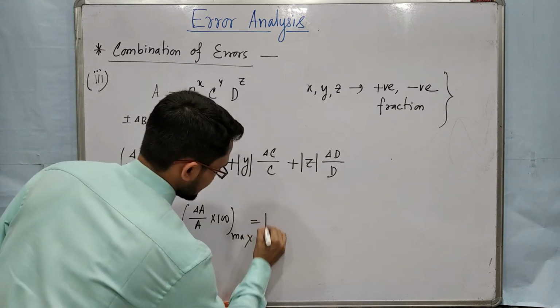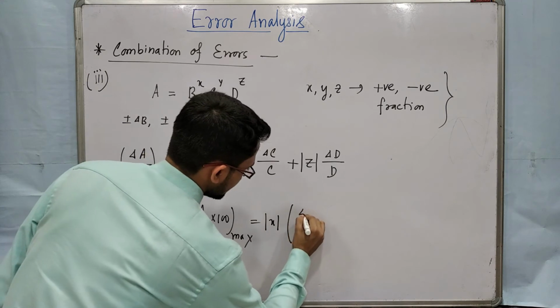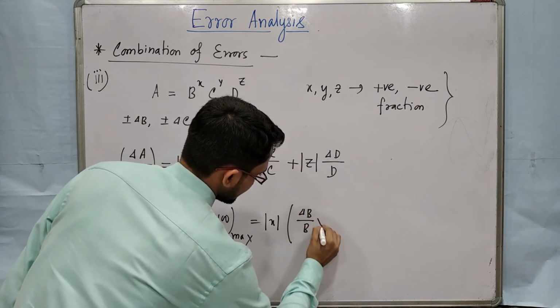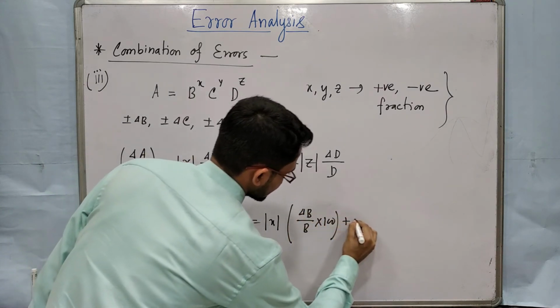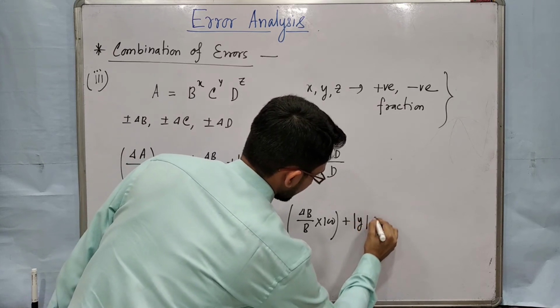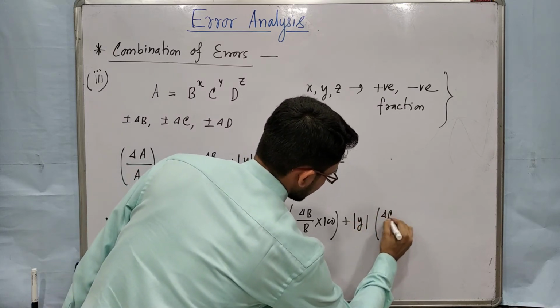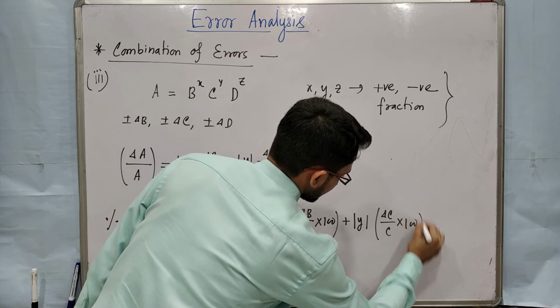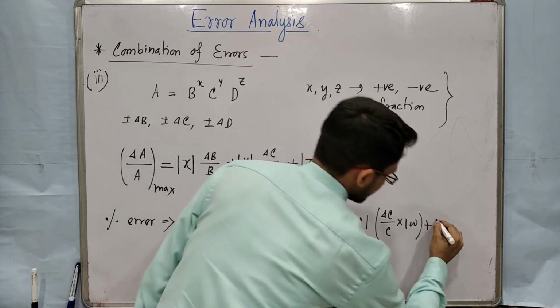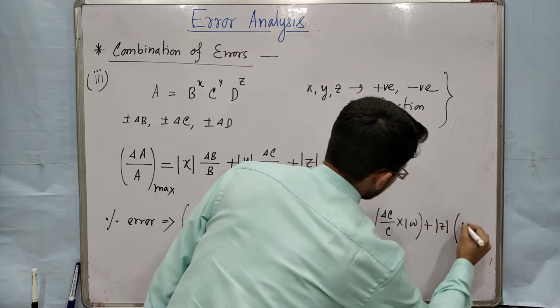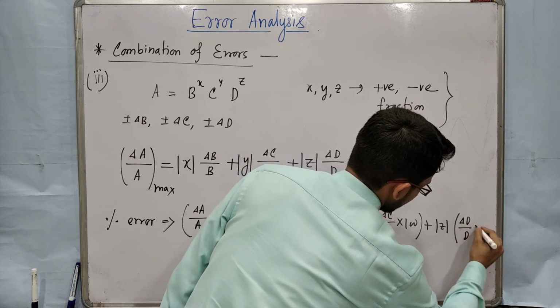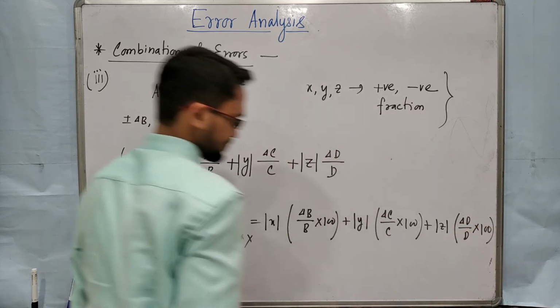So it will be x into delta B by B into 100, plus y into delta C by C into 100, plus z into delta D by D into 100.